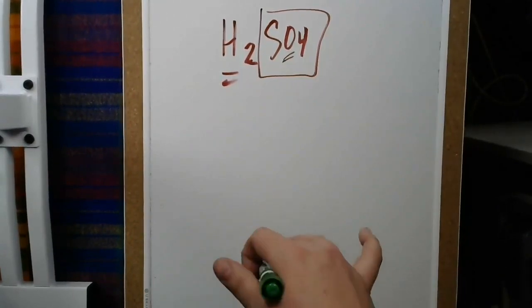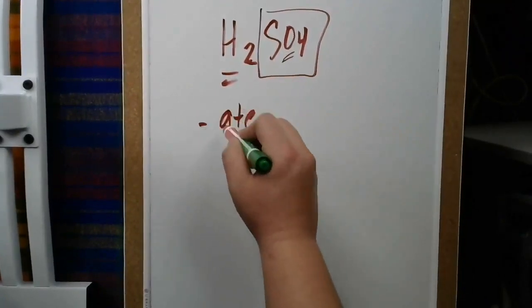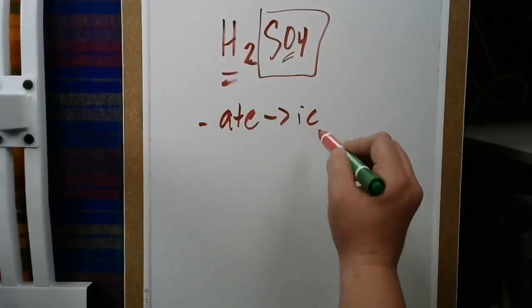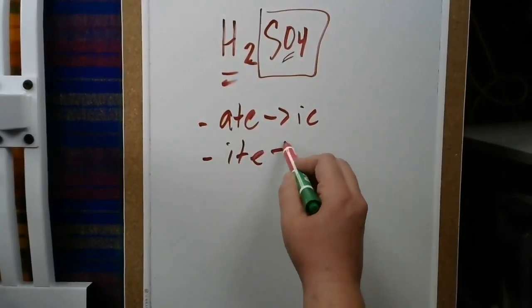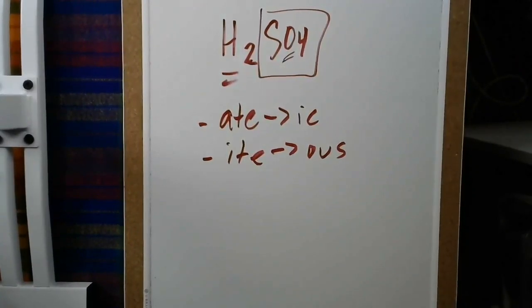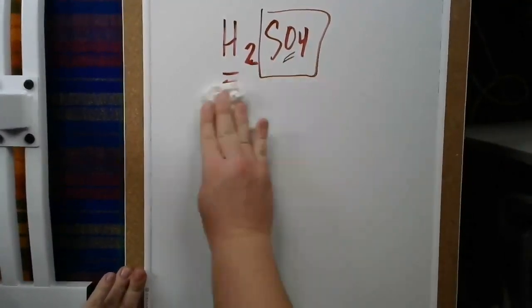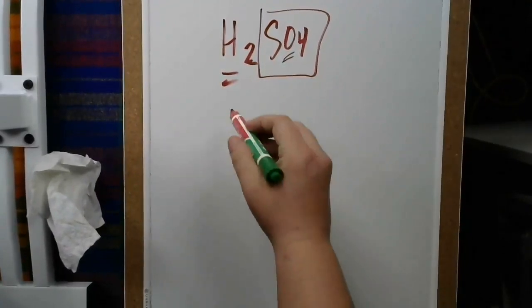The polyatomic ions that have ATE endings are going to have IC acid endings. Polyatomic ions that have ITE endings are going to have OUS acid endings. And this one in particular is a special case because you would hopefully look at the SO4 2- and know that it's a sulfate ion.